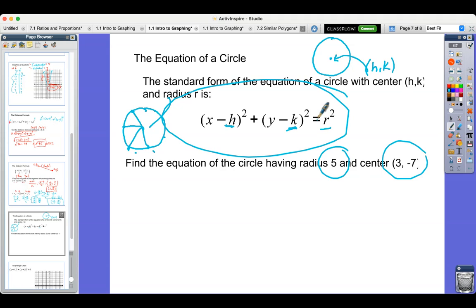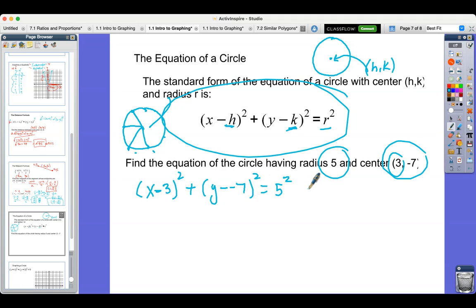Now we will simplify this, but as we set this up, we'll say, hey, your x is x, so it'll be x minus whatever the value of our x coordinate in our center, or h coordinate, which is 3. So (x minus 3) squared plus (y minus whatever this is to be, in this case, negative 7) squared equals the radius 5 squared.